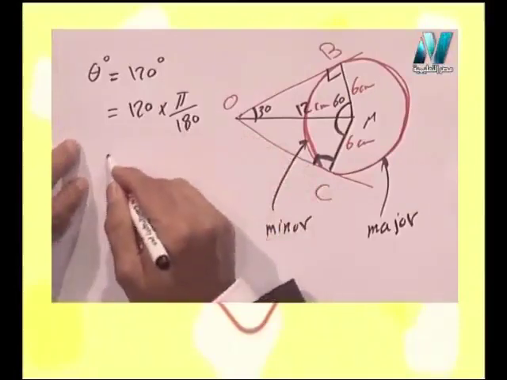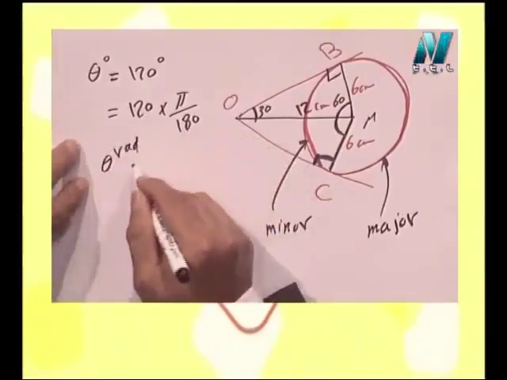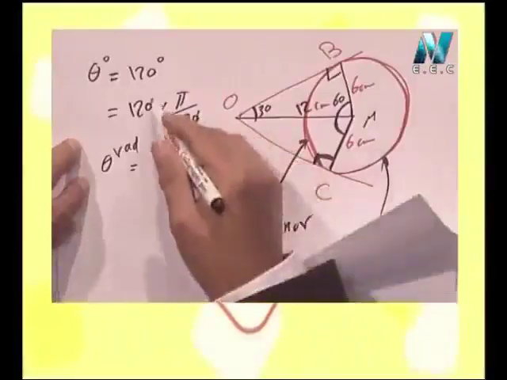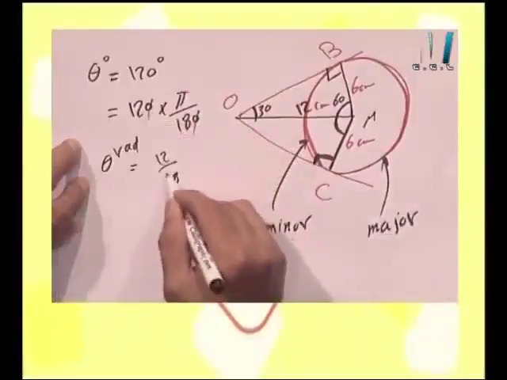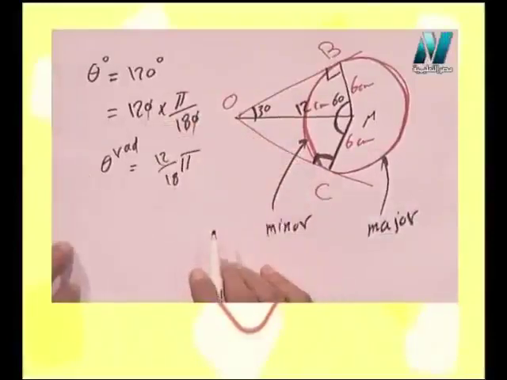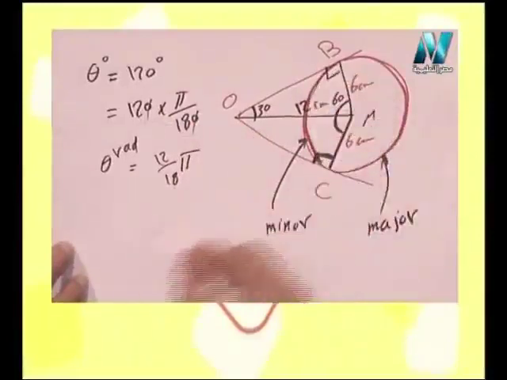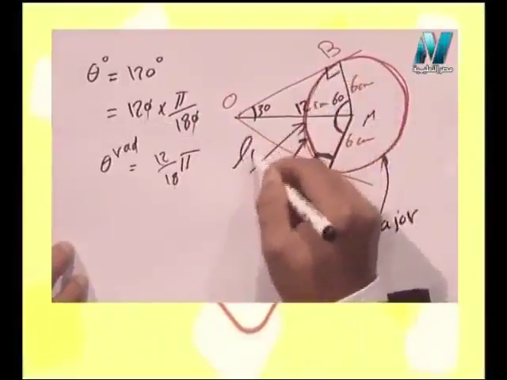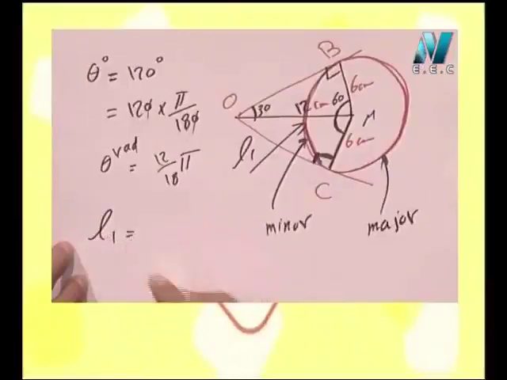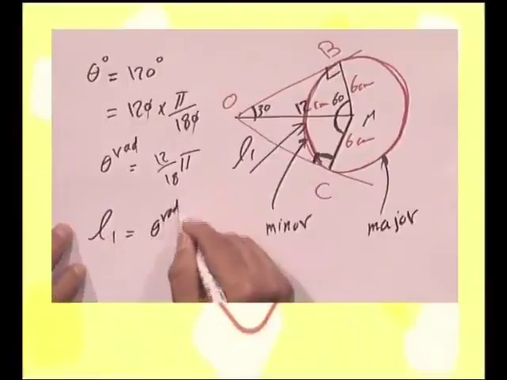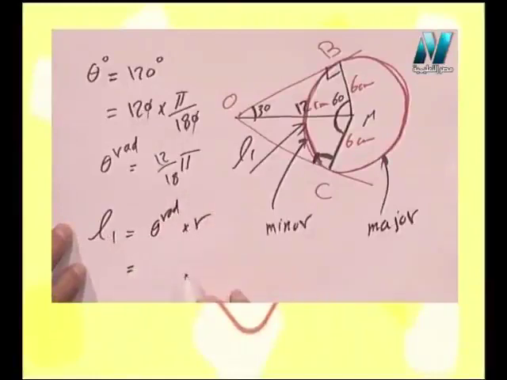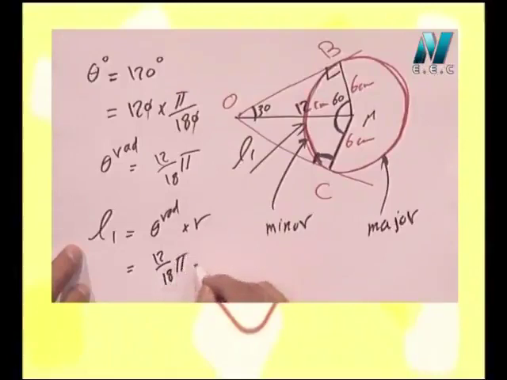So theta rad will be, cancel 0 with 0, so it's 12 over 18 pi. To find the small l, we call it L1. L1 here equals theta rad multiplied by r, equals 12 over 18 pi multiplied by 6.